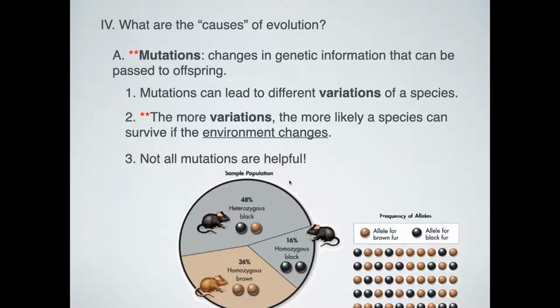And not all mutations are helpful. Some of them can actively hinder you. And in that situation, normally they won't get passed on, right? But it's not because there's some greater thing out there. It's more because, well, you're probably not going to pass that on to your kids because you might die first. And so variations of a species, though, can come from other sources.